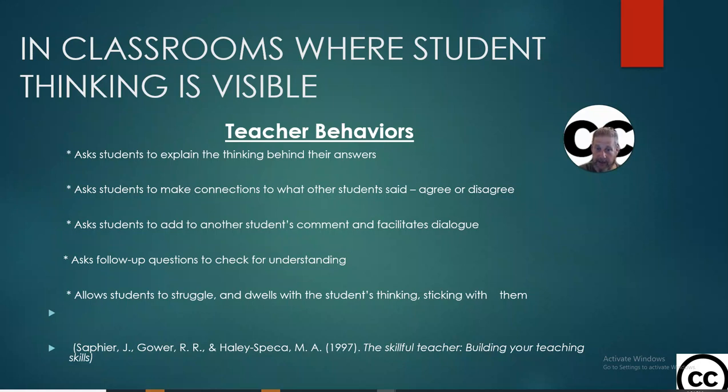Ask students to make connections to what other students are saying, whether they agree or disagree, and this also helps more collaboration in the community environment in a classroom. Ask students to add to another student's comment to facilitate dialogue, to get the conversation going. Ask follow-up questions, so we check for understanding, and allow students to struggle and dwell with their thinking, sticking with them through everything and following through on their needs.